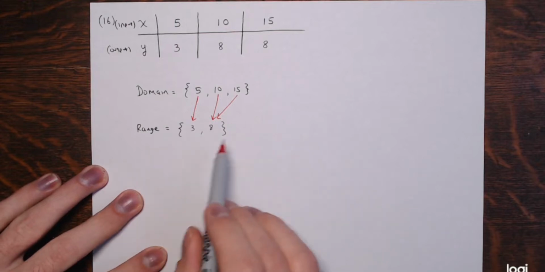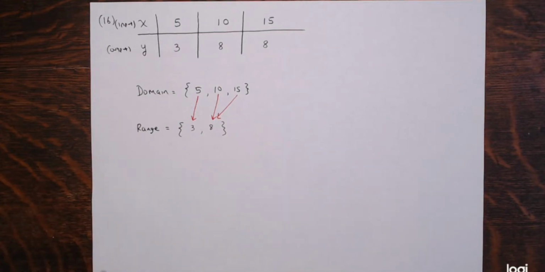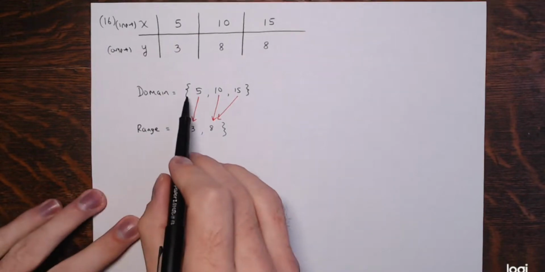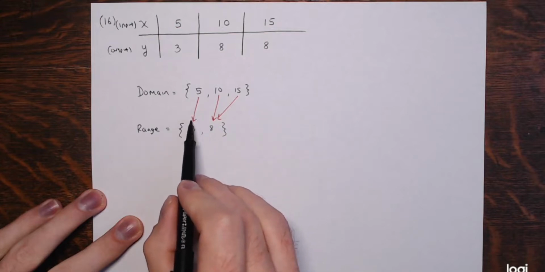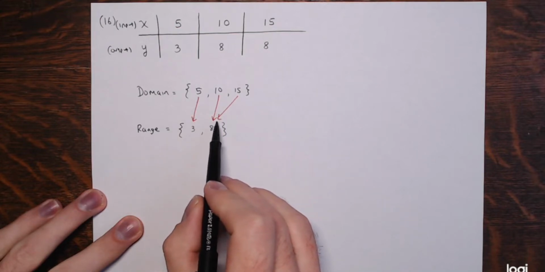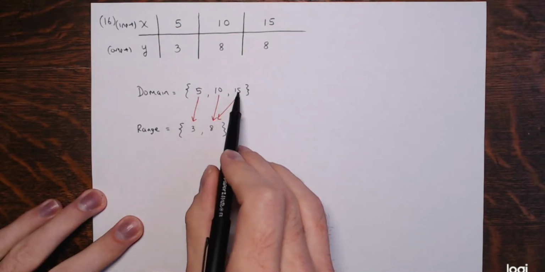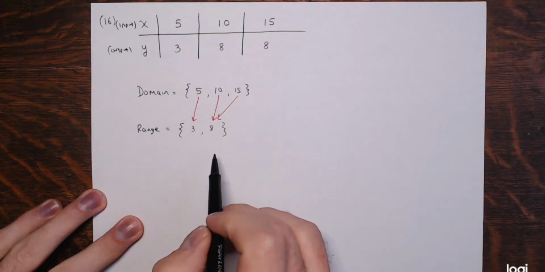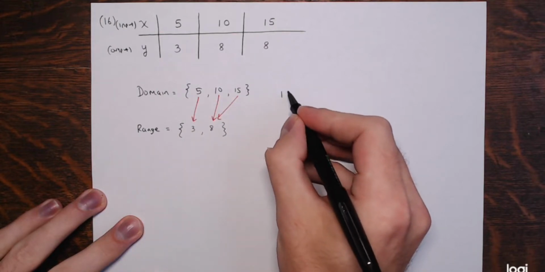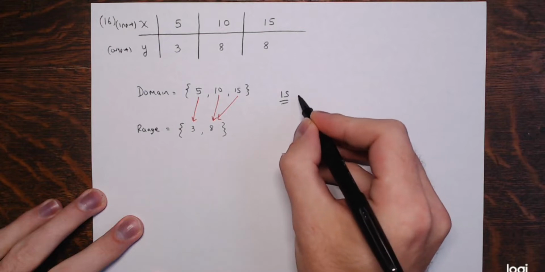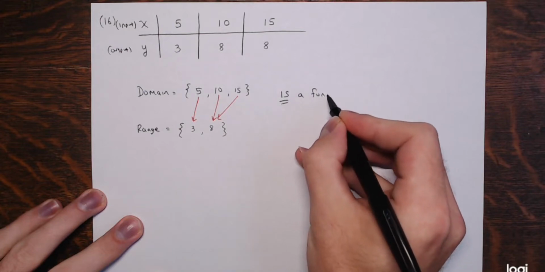No, no, no, no. Remember, the definition of a function only has to do with the domain values. Each value of the domain is going to exactly one value of the range. Every value of the domain has one arrow coming off of it. So this relation is a function. y is a function of x here.